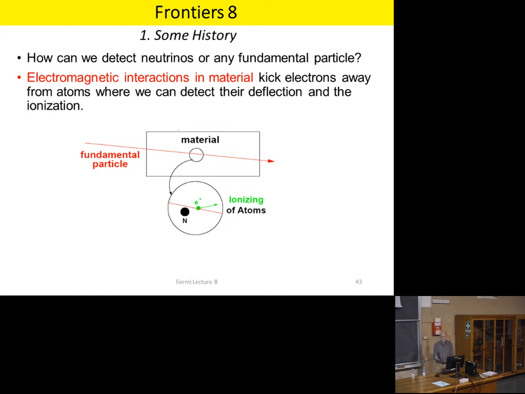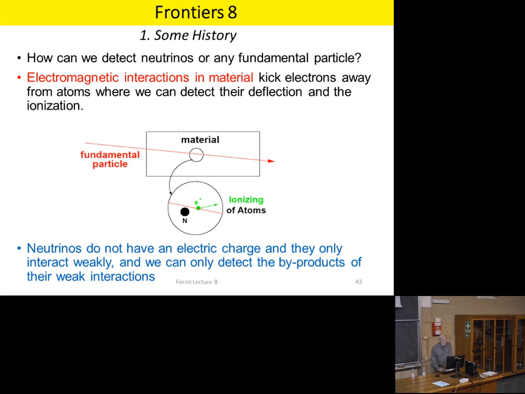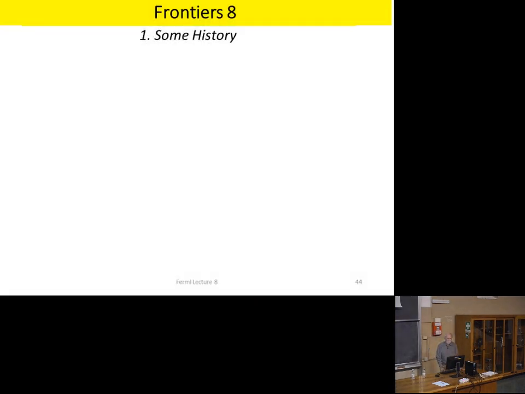So for example, in an electromagnetic interaction in material, we kick an electron away from the atom, and then we can detect its deflection and its ionization. For neutrinos, we don't have an electric charge, and they only interact weakly, and we can only detect the byproducts of their weak interactions, so we don't have the ability to do this.